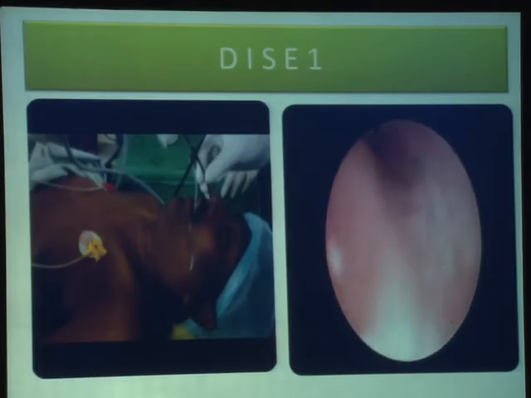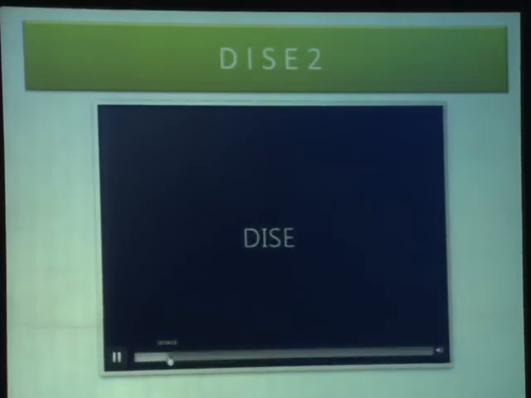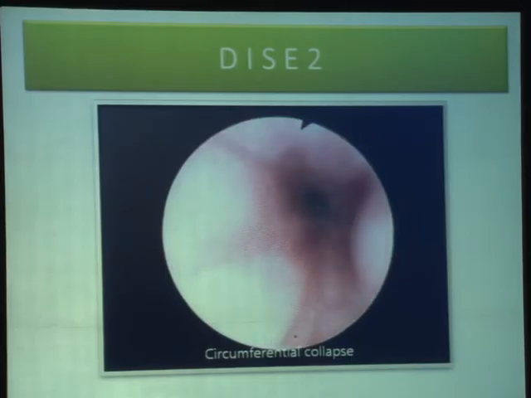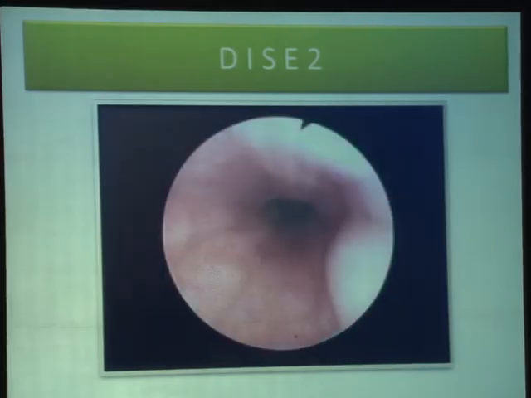What is more interesting than this is the next DISE. Okay, you see a circumferential kind of collapse that is happening here.